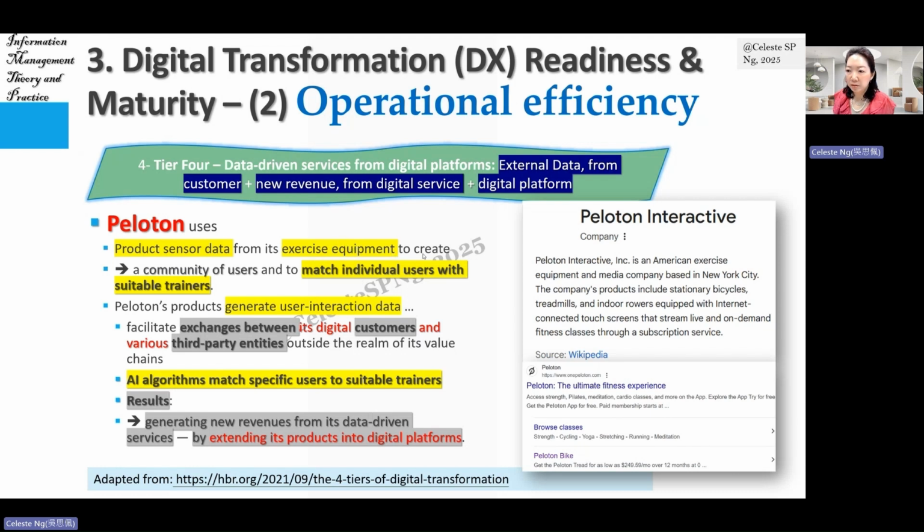And information about its individual user is then used in its digital platform in order to help the individual to identify a suitable trainer, right? And this digital platform will actually enable a kind of matching, information exchanging, okay, and allow the matching to happen between the trainee and trainers.